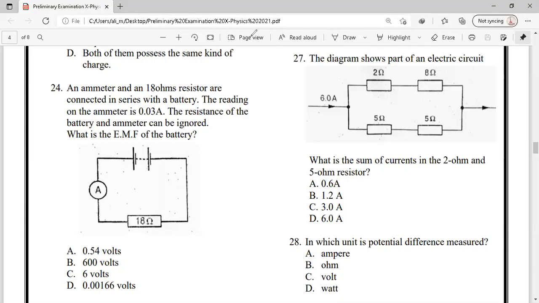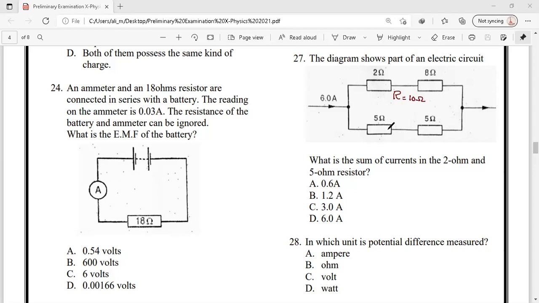Let's see question number 27 and 28. The diagram shows a part of an electric circuit in which these two resistors are connected in series and their equivalent resistance would be equal to 10 ohms.